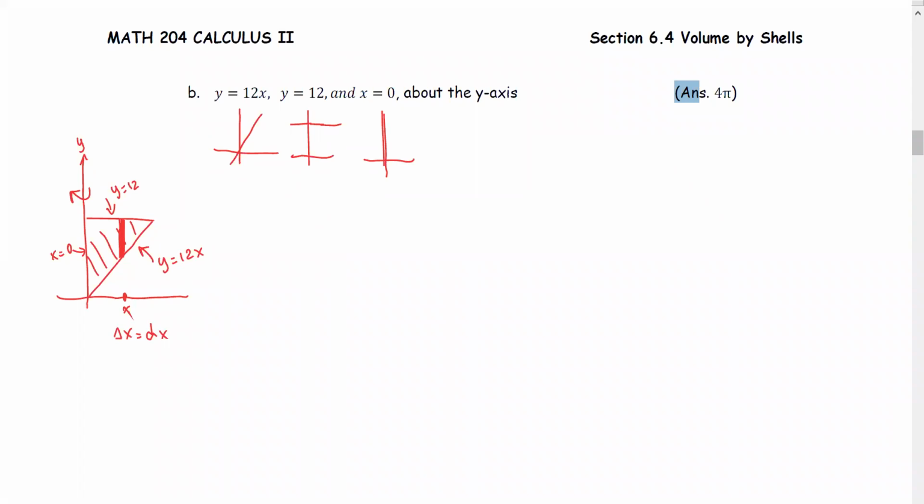For the delta x is dx and the position x, the interval of integration will be from 0 to 1 because the intersection point here is at 1, 12. To rotate about the y-axis, it should form the shell that looks similar to this.